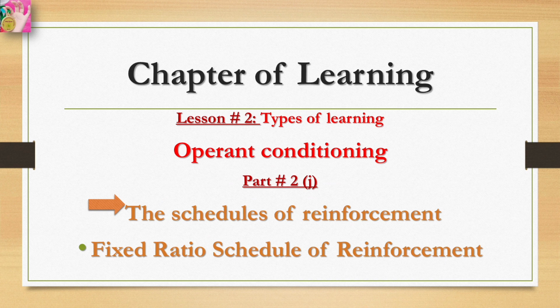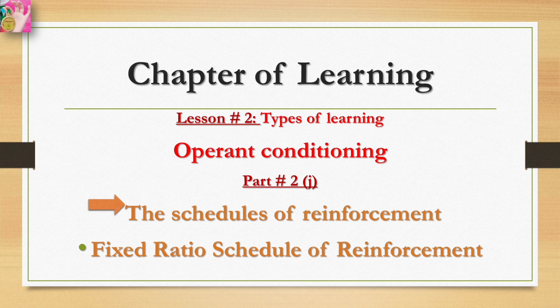Here you can see on the screen, this is lesson 2, types of learning, and under the types of learning, this is part 2, which is about operant conditioning, and under the topic of operant conditioning, this is part 2J. Part 2J is the fixed ratio schedule of reinforcement, which comes under the topic of the schedules of reinforcement. The last topic which we learned in the last video was about the partial reinforcement effect and continuous reinforcement.